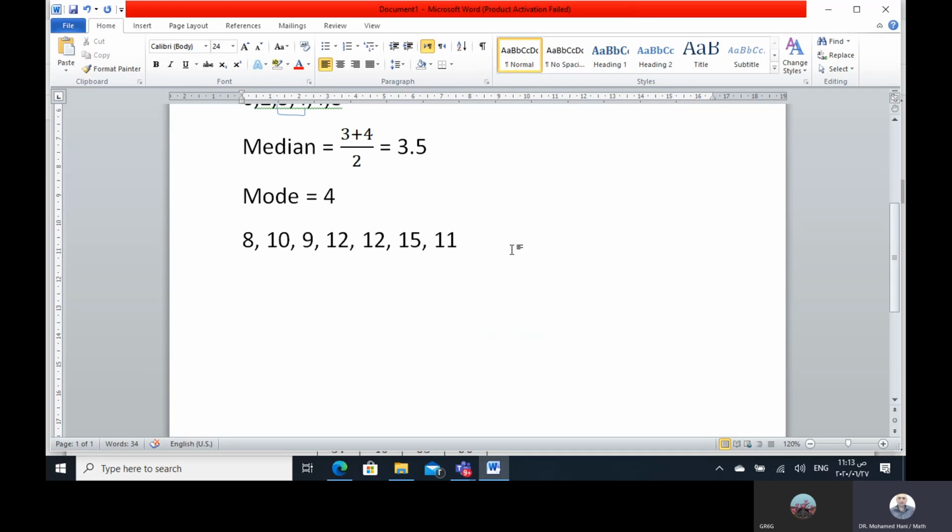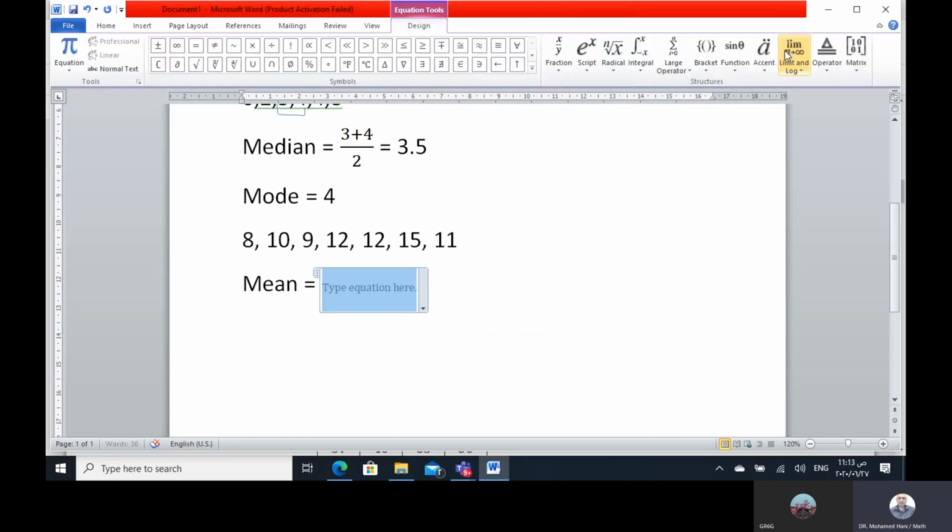This is the next example, how to solve the mean. Add all the numbers here, will be 8 plus 10 plus 9 plus 12 plus 12 plus 15 plus 11.